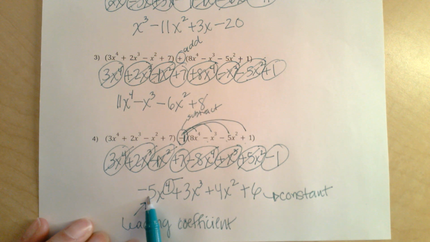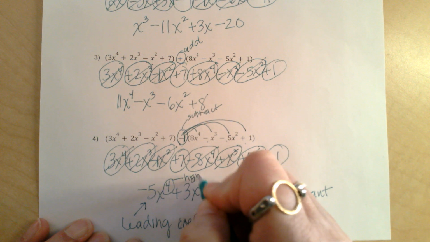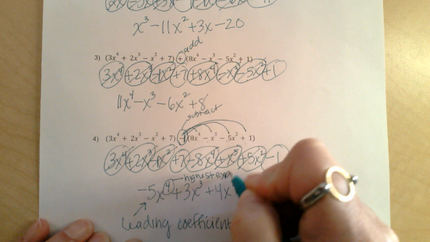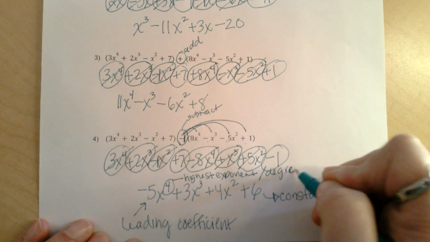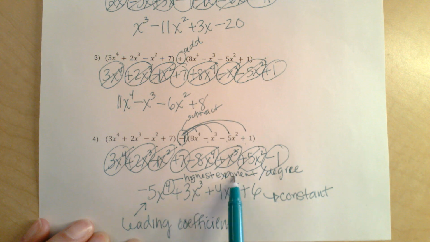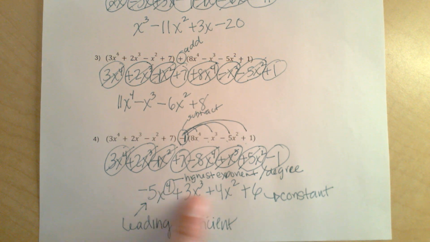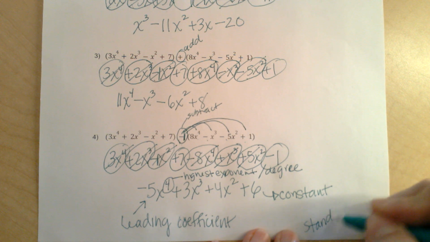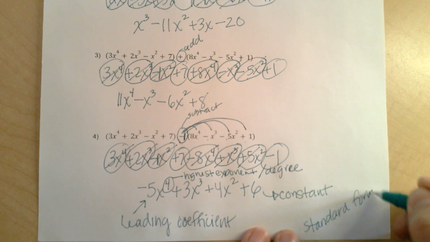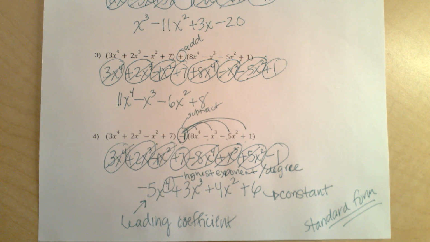And the reason why this is the leading coefficient is this is the highest exponent, which I'm also going to call its degree. So the degree here is 4 because it's the highest exponent. And it's written in standard form because all of the exponents are written in decreasing order. So that's just a little review of the vocabulary we went over today.